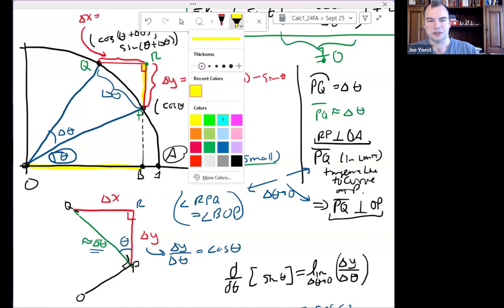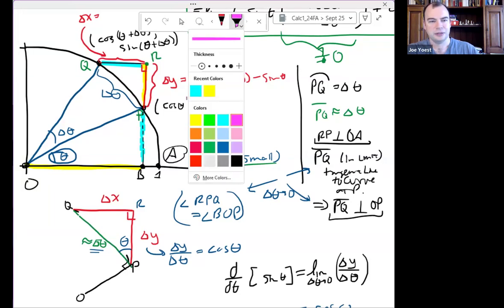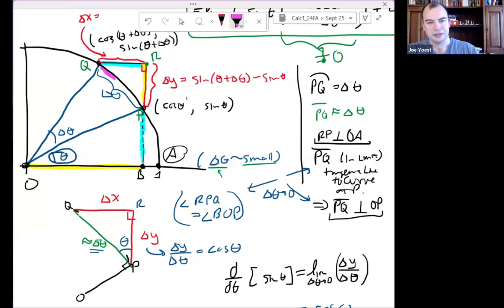I do have more colors in here, so maybe I'll try this. That side and that side. And then in the limit, when this turns into a straight line, that bit and this bit. This actually works a lot better with these highlighters. Those are my two similar triangles.